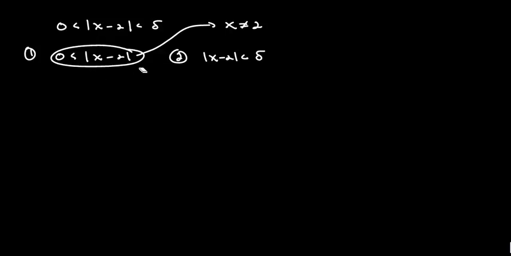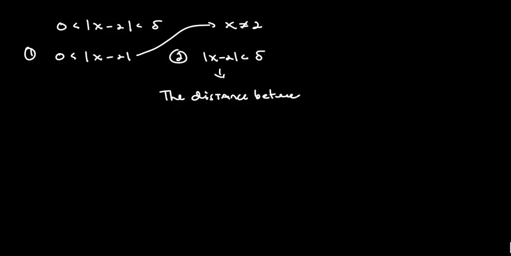For the other one over here, it says that the distance between x and the number 2 must be strictly less than some positive number delta.